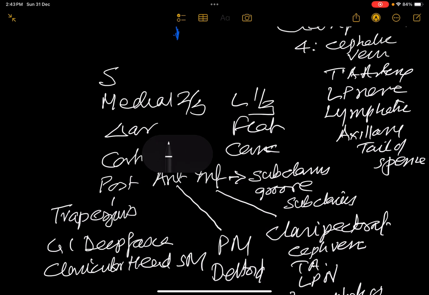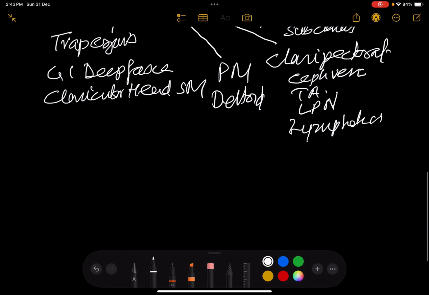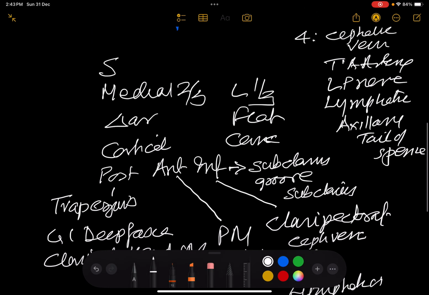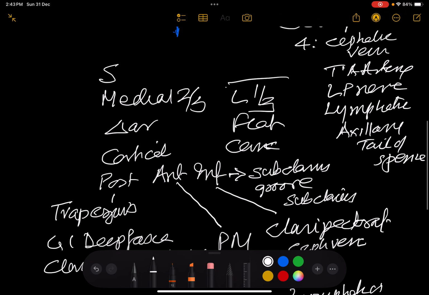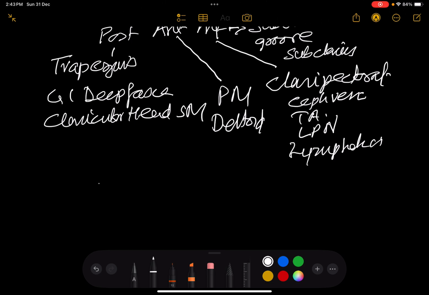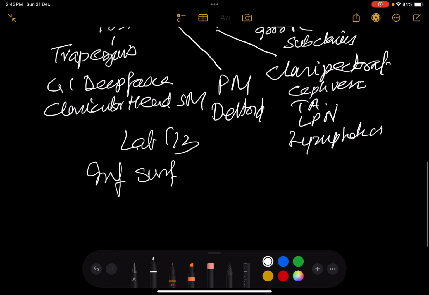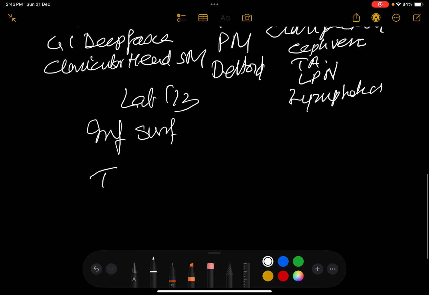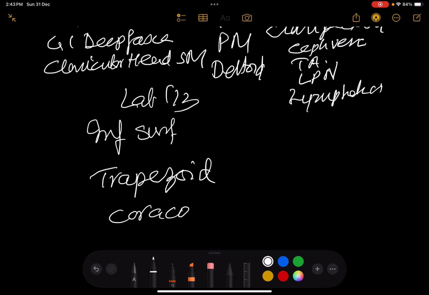The lateral one-third, which is flat, has got an inferior surface and a superior surface. Nothing on the superior surface, but on the inferior surface you have the trapezoid line on which is attached the coracoclavicular ligament.